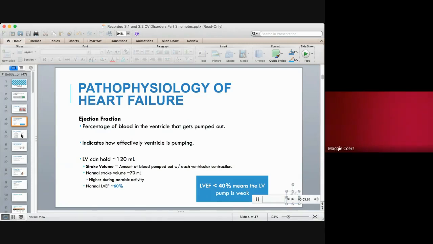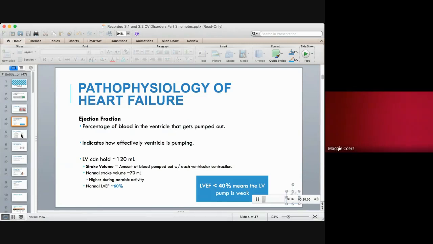All right, so first of all, a fundamental concept about heart physiology, and why we're so concerned about heart failure, is ejection fraction. You really need to know what ejection fraction is. It's a fundamental concept.